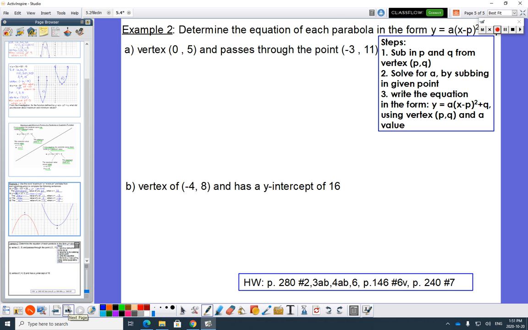Okay, so when you are given the vertex and a point on the parabola, there is a little bit more work you have to do, okay? So we're going to use vertex form, and remember, you'll get vertex form, okay?